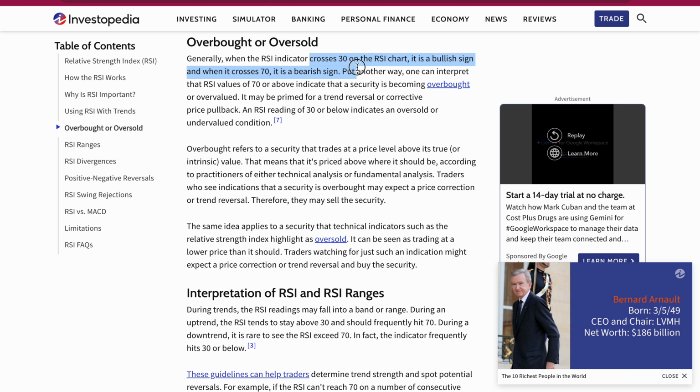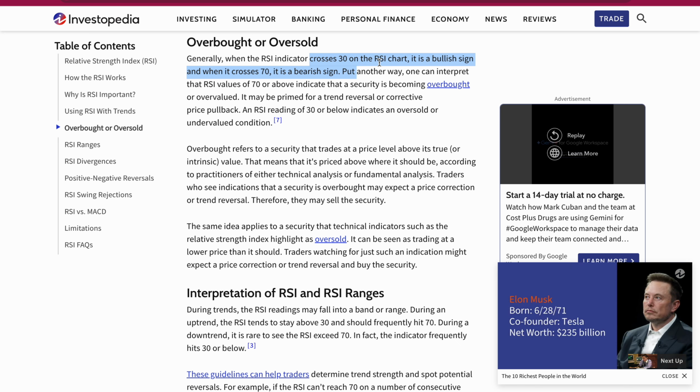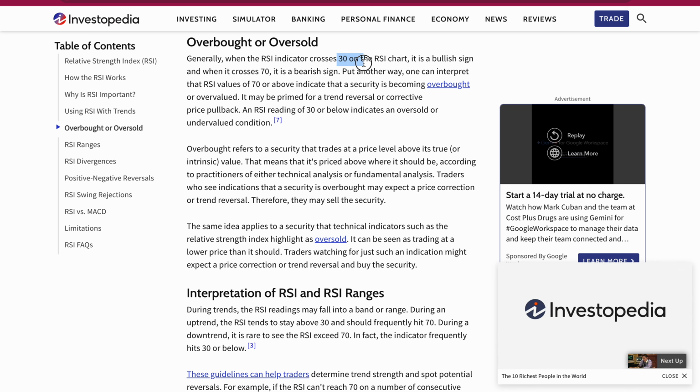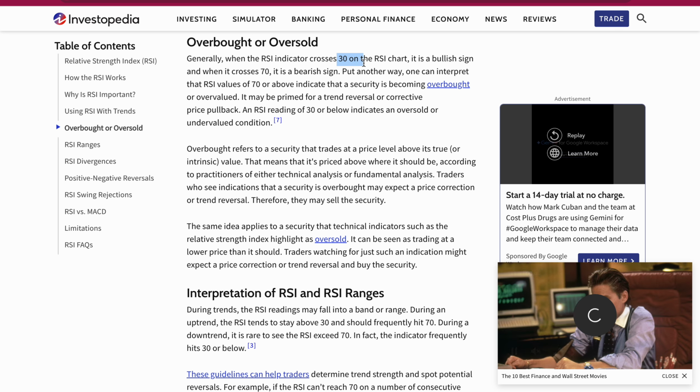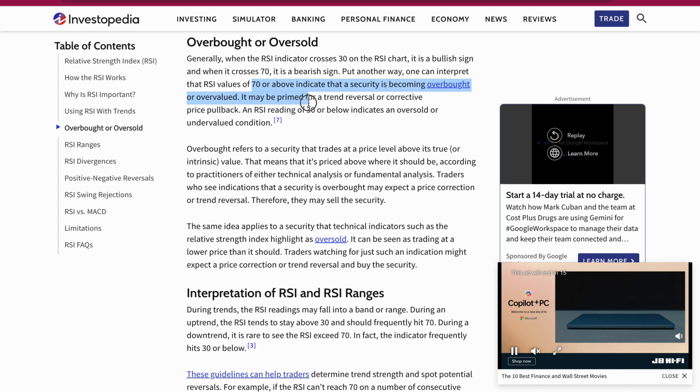When it crosses 70, it's a bearish sign. When it is crossing below 30, it is a bullish sign. So that means anything below 30 is oversold, anything above 70 is overbought.